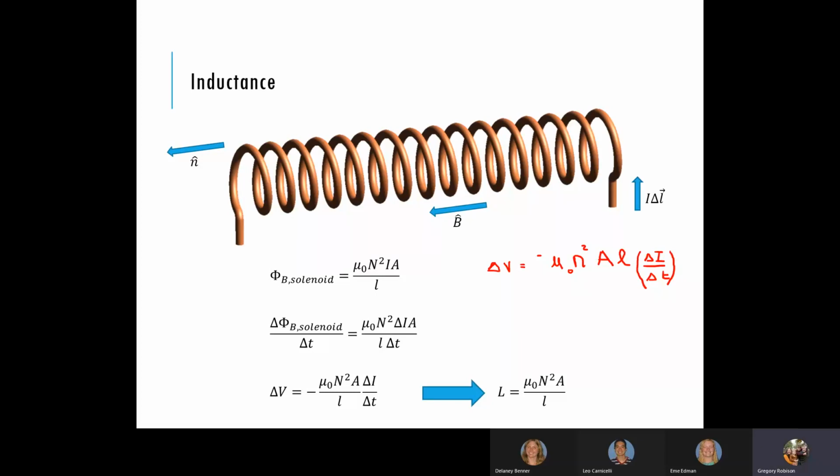It's the measure of how much a circuit element resists a changing current. So capacitance is like, how much charge can the element store? This one is how much does the element resist a changing current? So a little harder conceptually to grab onto.